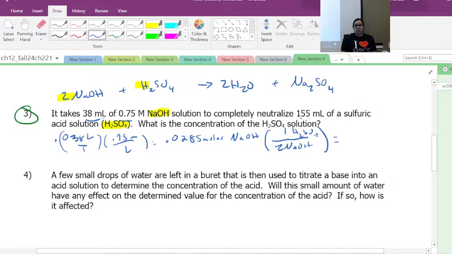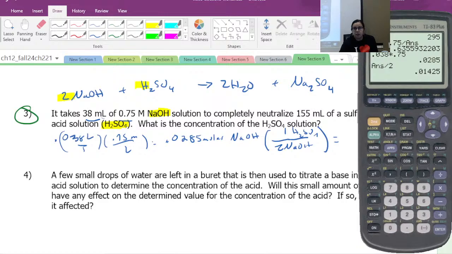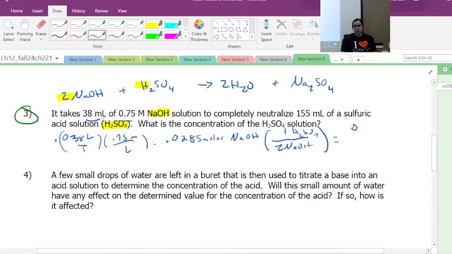And so then what's our concentration? Well, looks like we're at the home stretch. So right, we have moles. So let's just write this out. We're asked concentration, we have volume, we have moles.